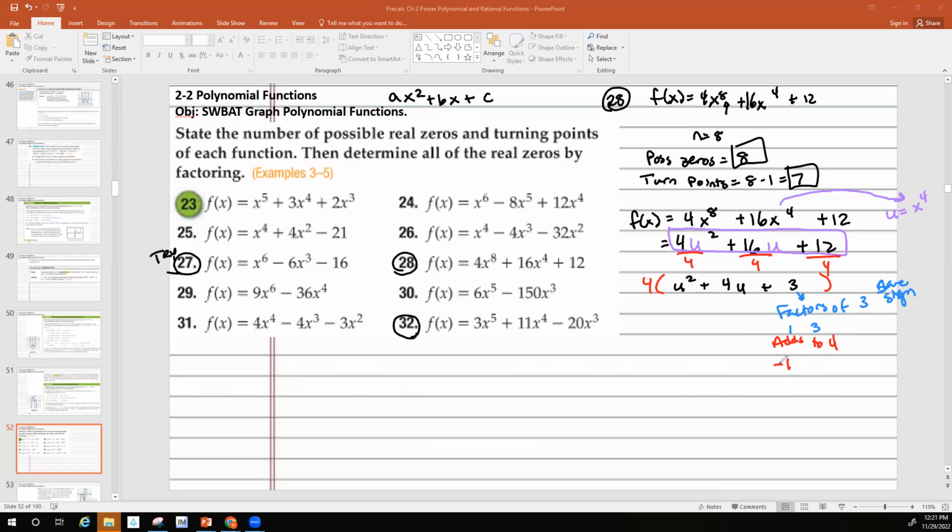And that's just going to be positive 1 and positive 3. Ta-da! So here we don't have x, we have u. Remember that. So u plus 1 and u plus 3. All right, and you can bring down the 4 if you want. It's okay.